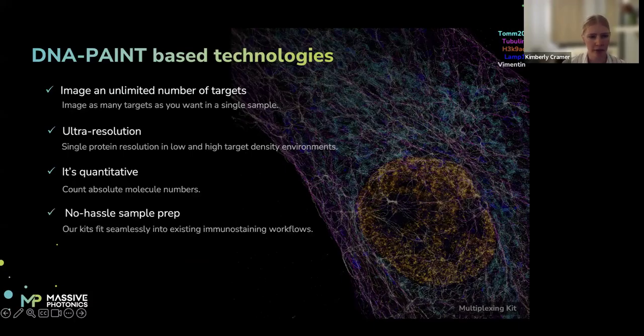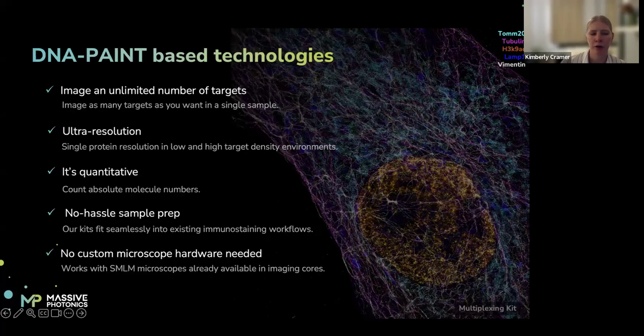We have these labeling kits that fit into your existing immunostaining workflows. And what I didn't mention yet is that you don't need custom microscope hardware to do this. So you can use an SMLM microscope already available in your imaging core, not only to do DNA paint, but also to do the Resi method that enables these high resolutions.